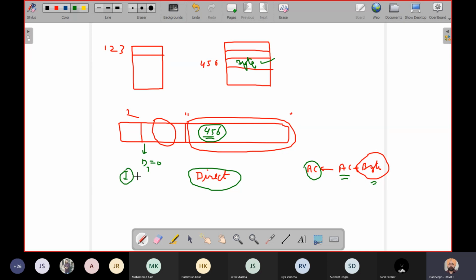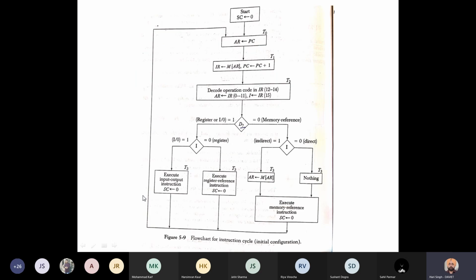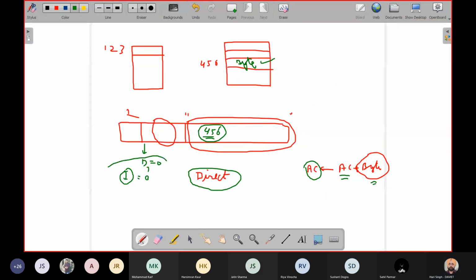If the I bit is 0, then the addressing mode used will be direct. Whatever value is available in this part of the opcode will be used as the address of memory. From that address, a byte will be obtained and added to the accumulator. So this is the direct addressing mode method.